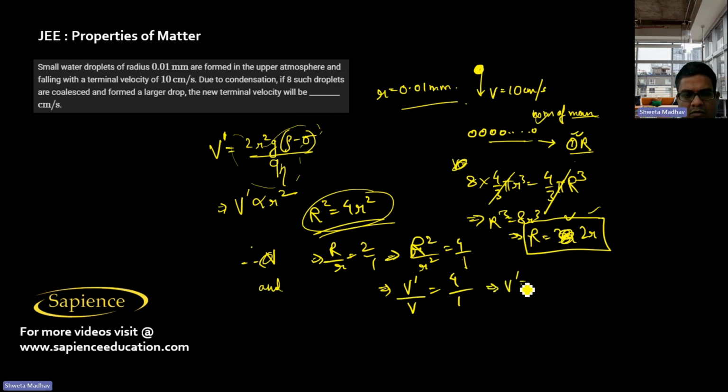Therefore, the new terminal velocity will be 4 times the previous terminal velocity, which is 10 centimeter per second. So it will be 3 centimeter.